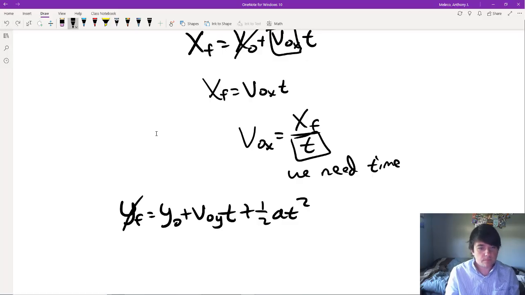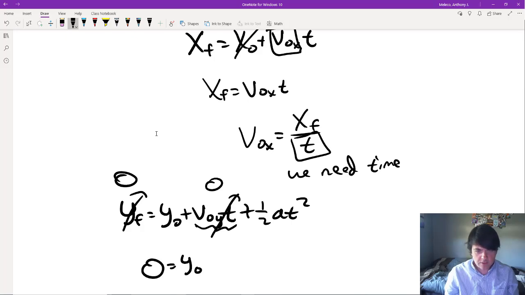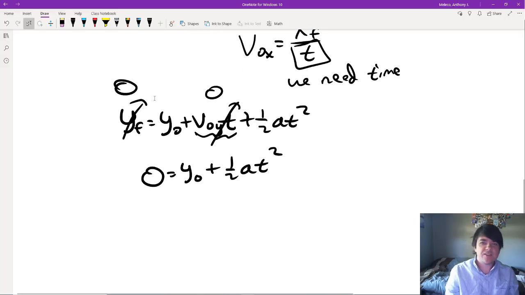Y final is 0. Y initial was 50, right? Because we're going from 50 to 0. This guy is gone because v naught y was 0. So this tells us 0 equals y initial plus 1/2 at squared. So we just need to solve for time.